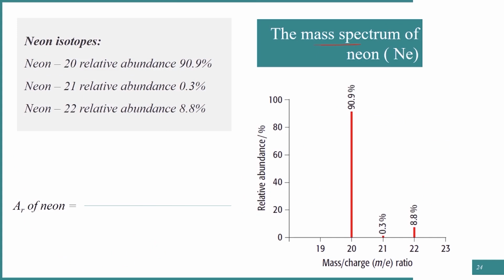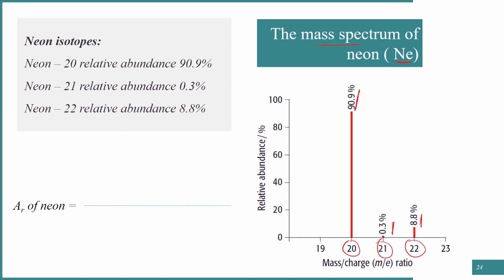Let's look at this mass spectrum of neon. Neon has 3 isotopes: neon-20 with relative abundance equal to 90.9%, neon-21 with relative abundance equal to 0.3%, and neon-22 with relative abundance equal to 8.8%.